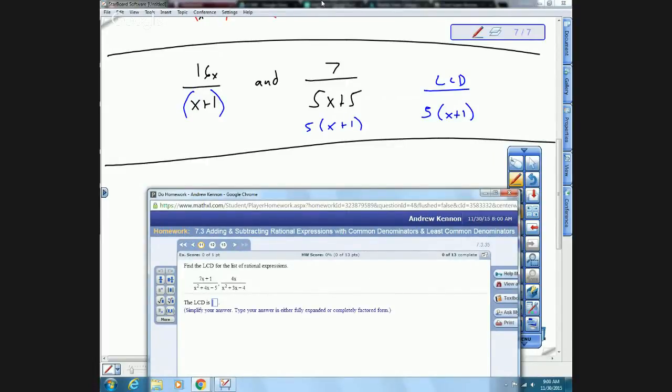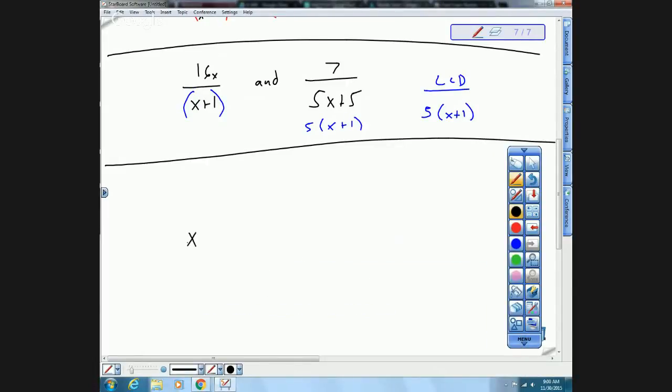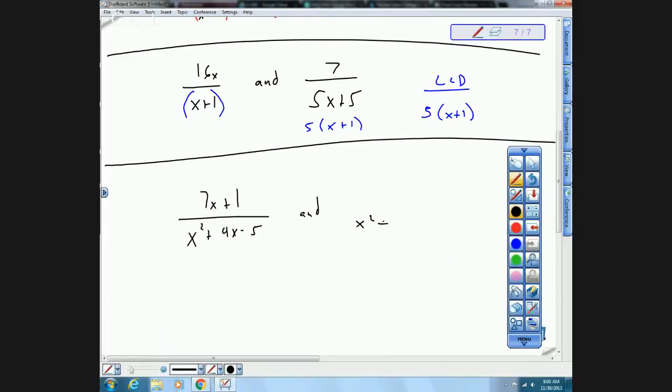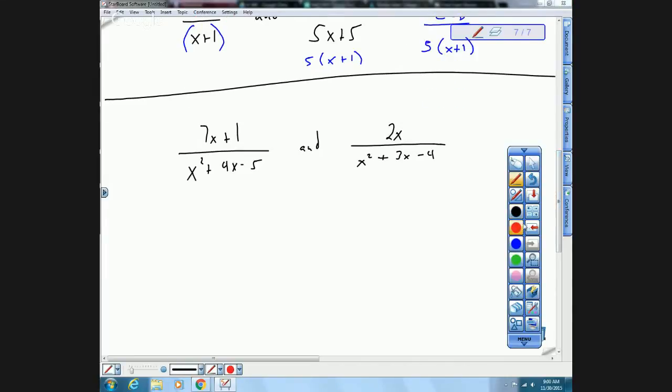Squared plus 4x minus 5. All right, so one like this, I'm going to have to break down both of those.